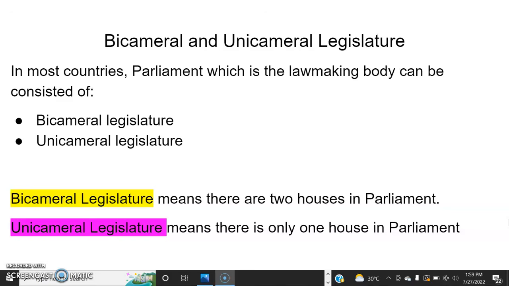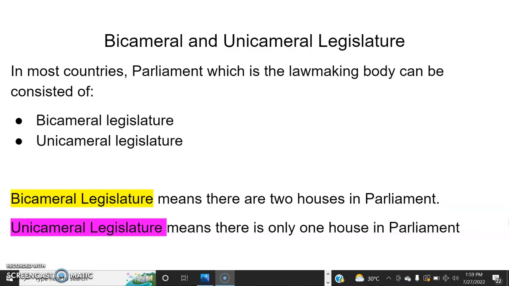Now, in most countries, the legislature, and I want you to follow me now, students. In most countries, the legislative branch of government consists of a bicameral legislature or a unicameral legislature.